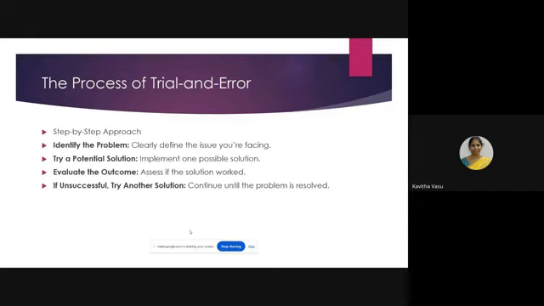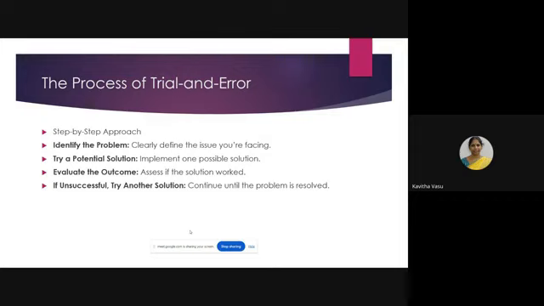How do we identify the problem? It clearly defines what needs to be solved, what problem we have, and what solution we will be getting for this problem. Next, try a potential solution means implement one potential solution for this problem. Evaluation means whether the method we applied is correct or not.